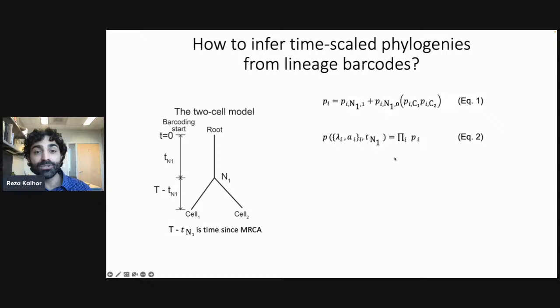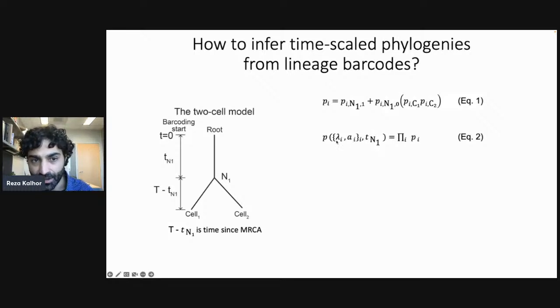Now, the beauty of this is that these two cells obviously don't have just one barcoding site and its respective mutations. In our case, they have 50 barcoding sites and their respective mutations. But because those barcoding sites are independent, their individual probabilities, as a function of the time since the most recent common ancestor, can be obtained by just multiplying the individual probabilities for each site.